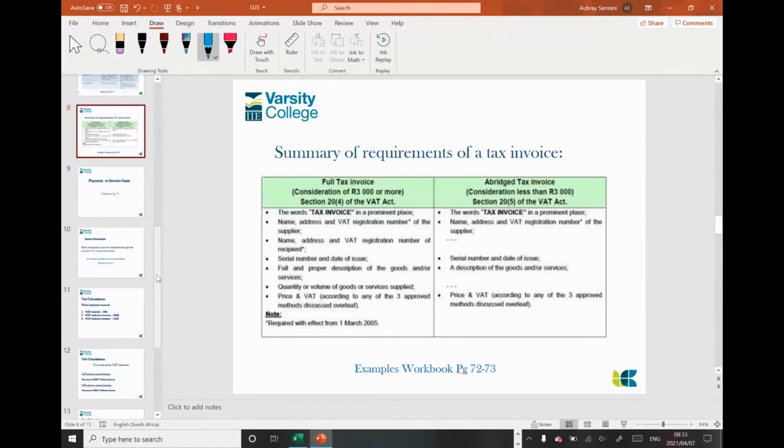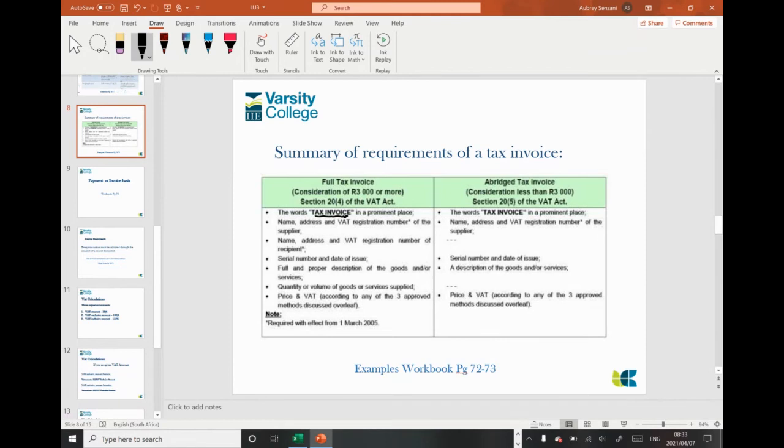We have, and they love to ask this question, guys, two types of invoices. We have a full tax invoice and we have an abridged tax invoice. On a full tax invoice, number 1, now I'm going to use black. Tax invoice needs to be written on that invoice in a prominent place.